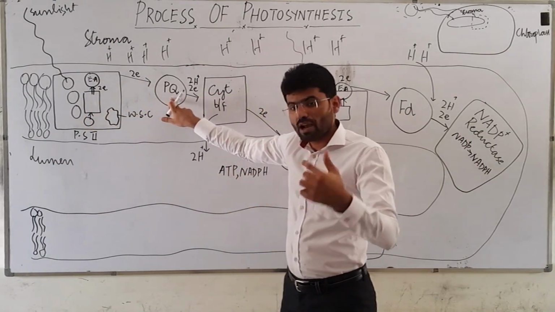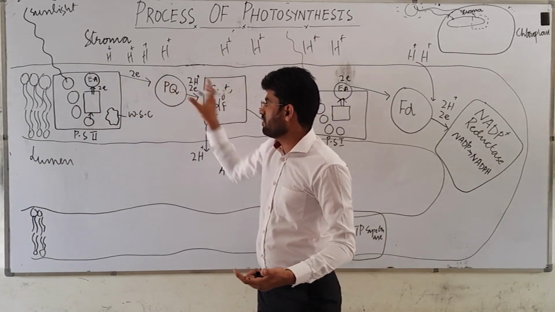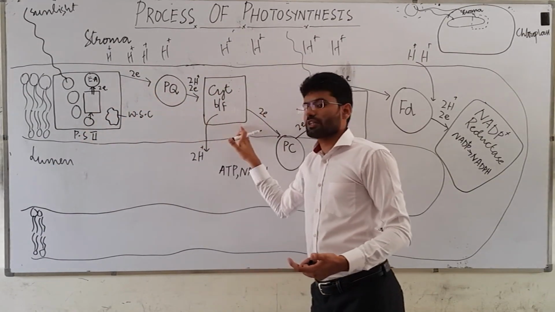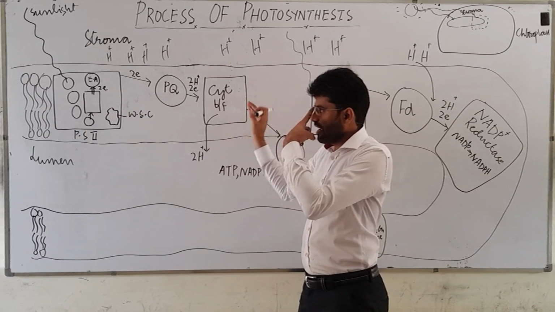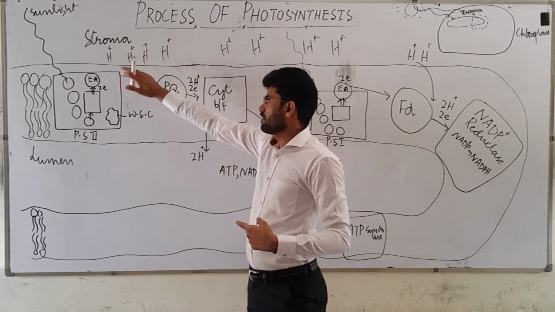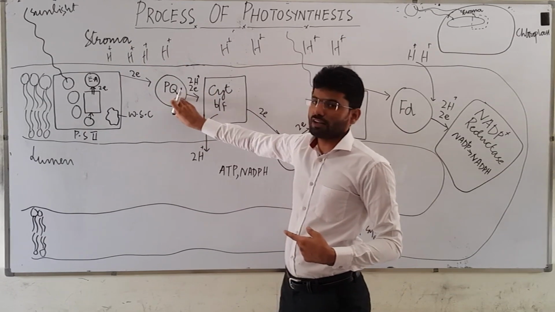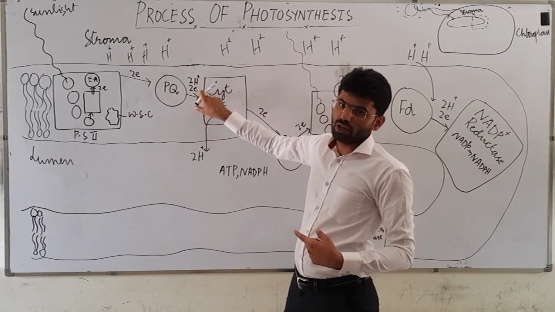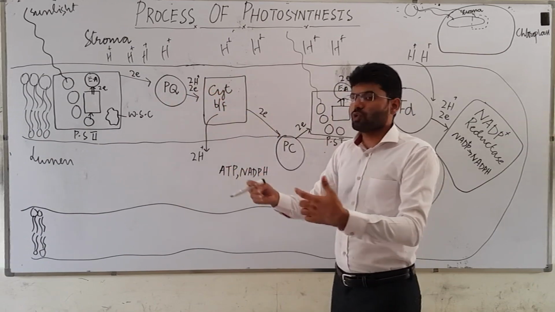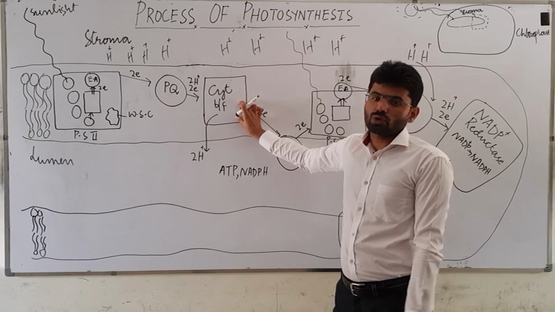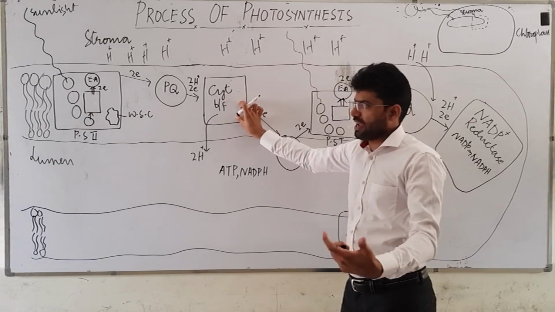When plastoquinone moves those two electrons from PS2 to the cytochrome b6f complex, at that time two protons from the stroma will be taken up by this plastoquinone molecule, and the two protons and the two electrons, in the form of two hydrogen atoms, will be given to this cytochrome b6f complex.